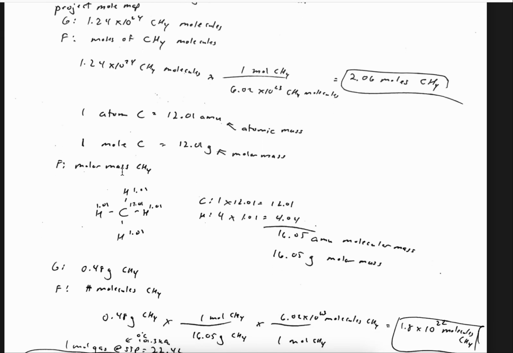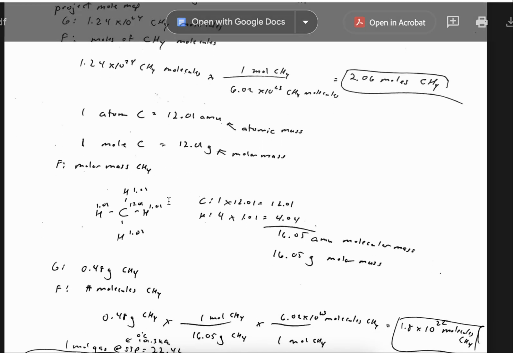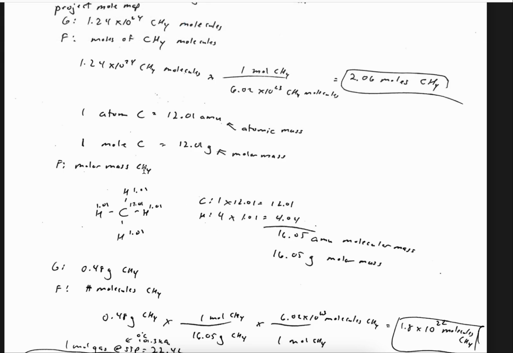So similarly, if you can find the molecular mass of methane, you can find the molar mass of methane. It'll be the same number. To get the molecular mass of CH4, then you need not just the mass of a single carbon, 1 times 12.01, but also you need to include the masses of 4 hydrogens.